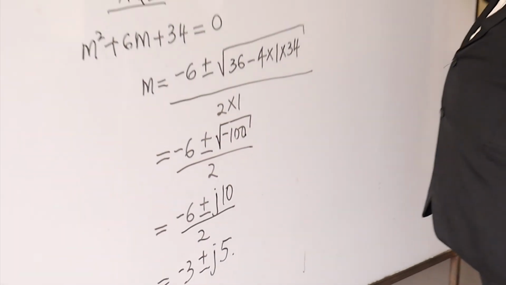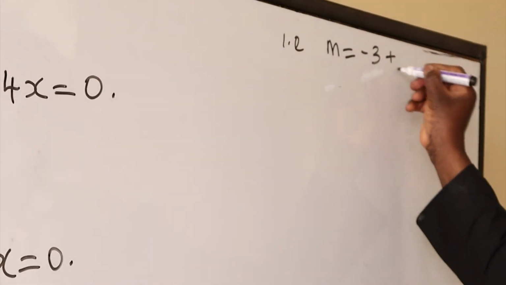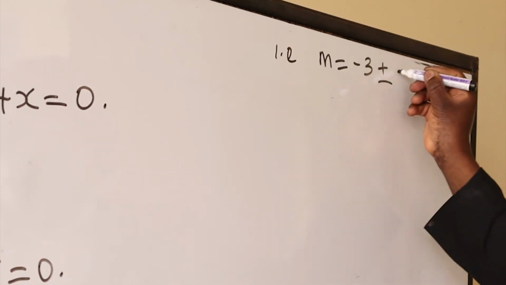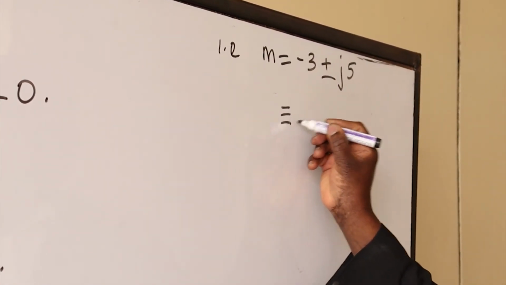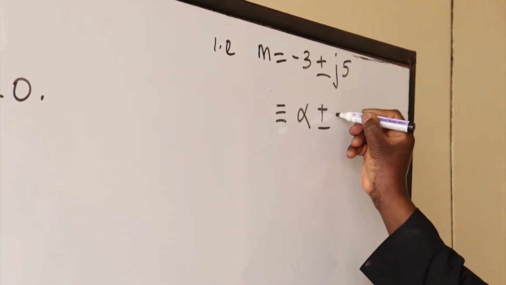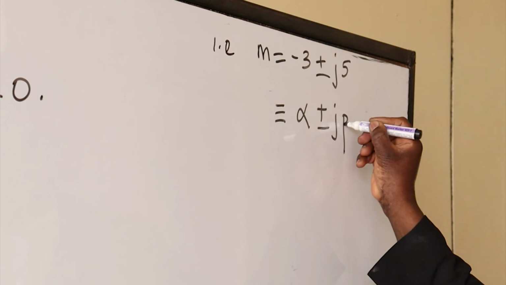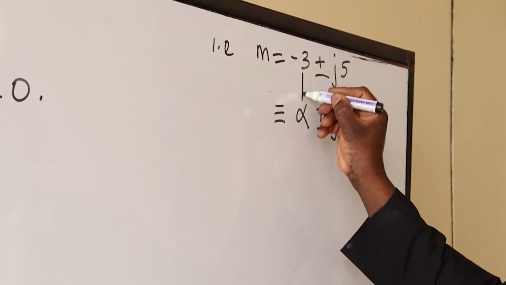We say m is equal to minus 3 plus or minus j5, which is equivalent to alpha plus or minus j beta. Now we can show this with an arrow so that we pick our values.